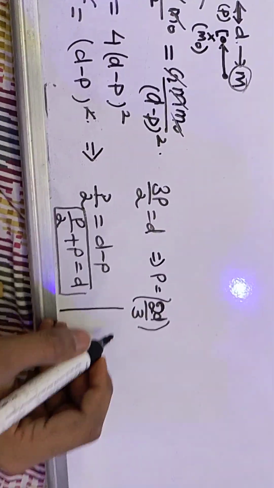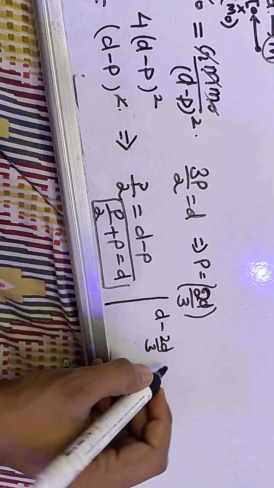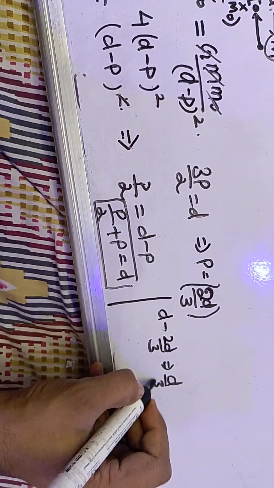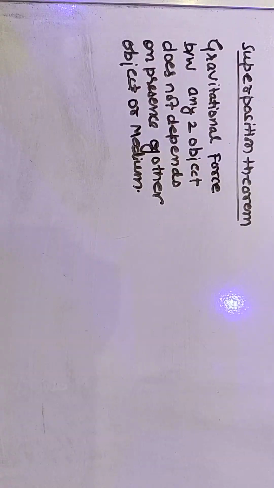So d minus 2d by 3 is d by 3. So the answer would be d by 3.